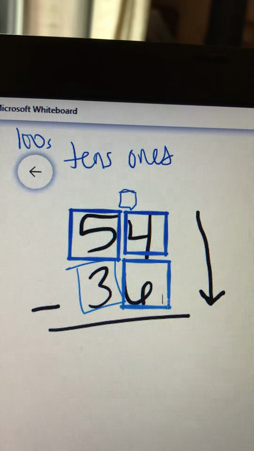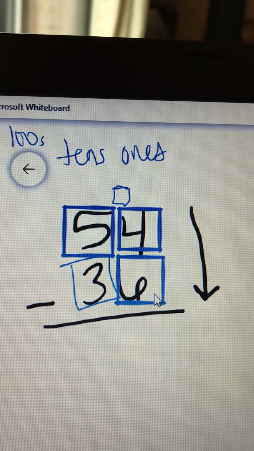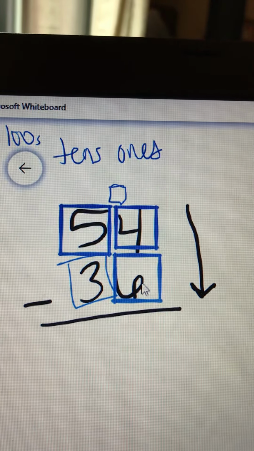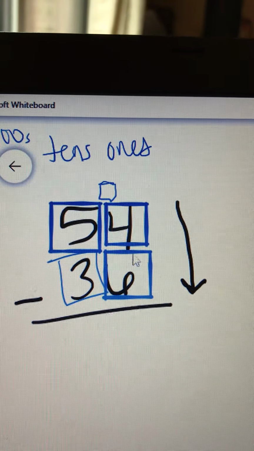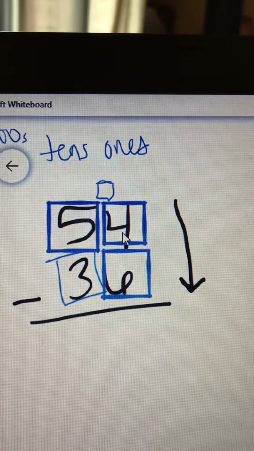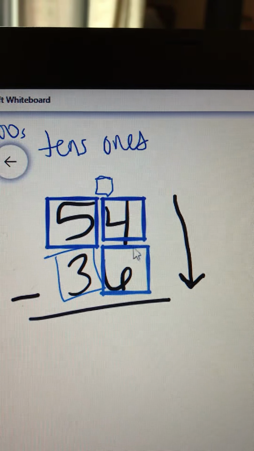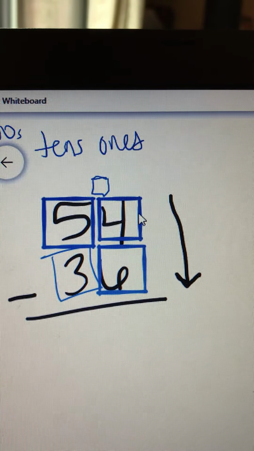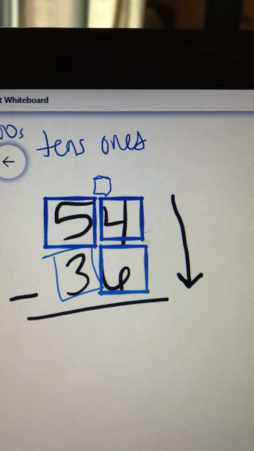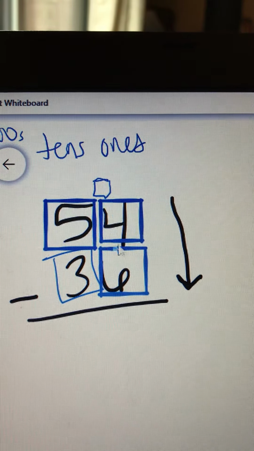And then I'm going to do the count up method. So from here, I want to go from 6 to 4, but I can't do that, can I? I can't do 6, 7, 8, 9, 10, 11, 12, 13, 14. I can get to a 14. That's where the next 4 comes into play.